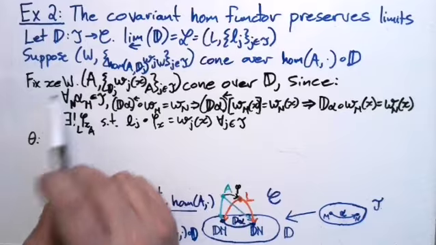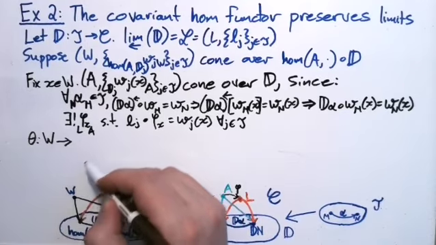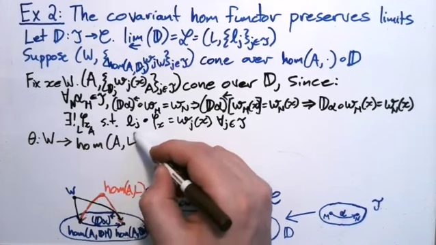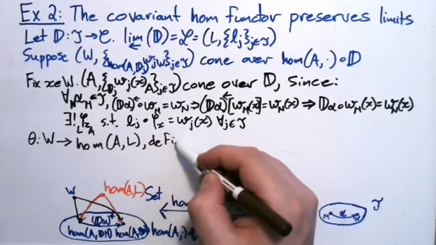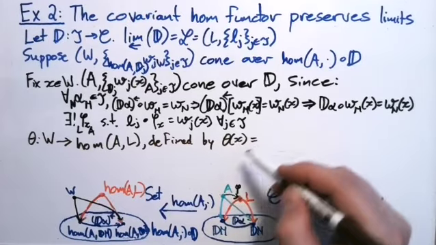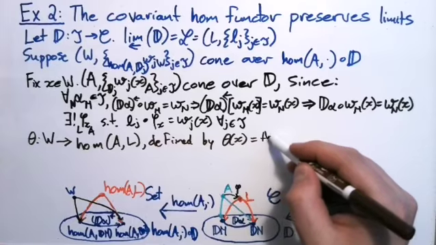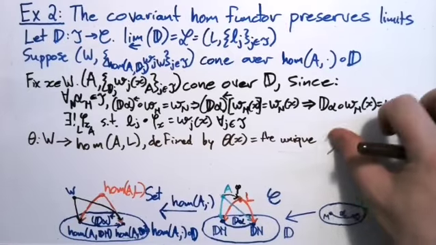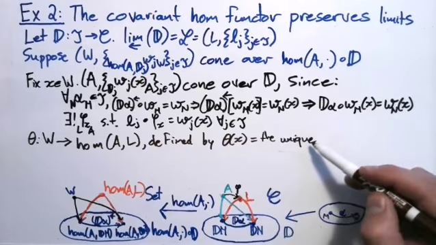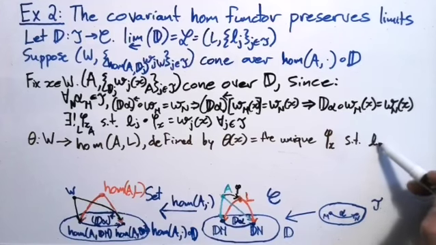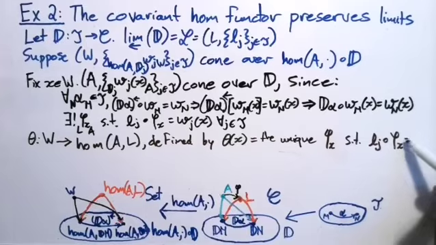Theta goes from W into the home set from A to L. And it's defined by theta of x is equal to the unique phi x such that Lj after phi x is equal to Wj x.